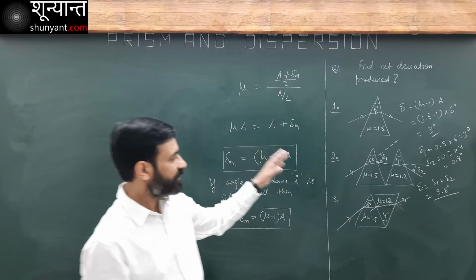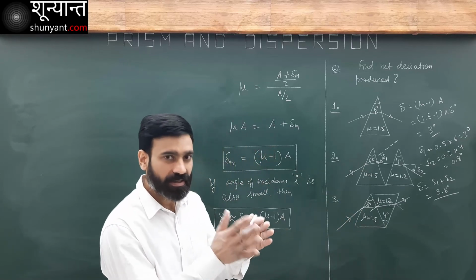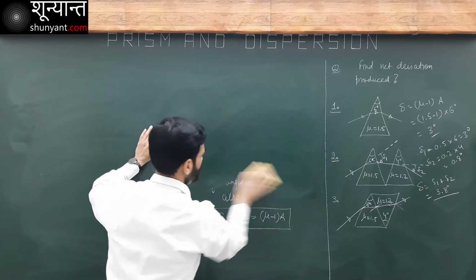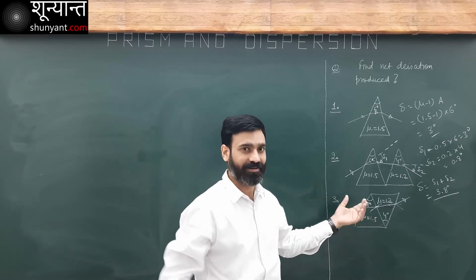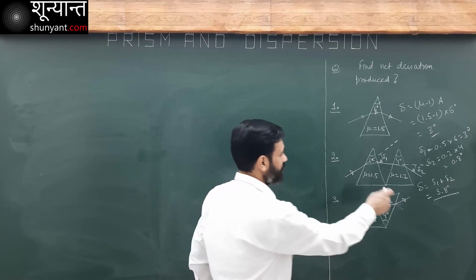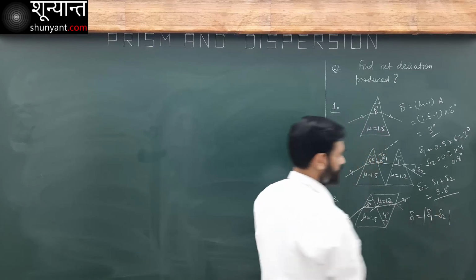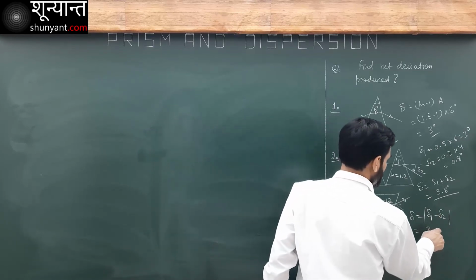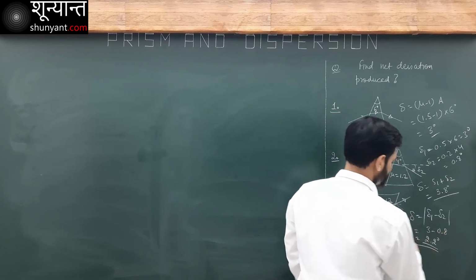So they are producing deviations in opposite direction. Things become more clear if you separate them a little bit. But we have already discussed this point when we were discussing prism, just a few minutes ago. So I just have to write mod of delta 1 minus delta 2. The resultant will be equal to 3 minus 0.8, which is 2.2 degree.